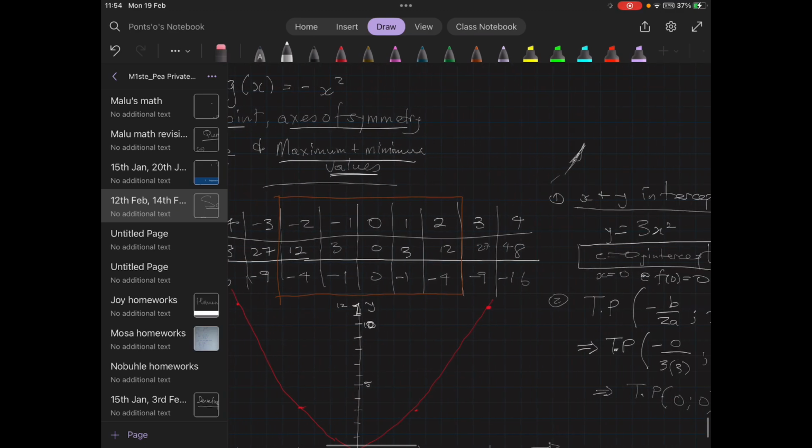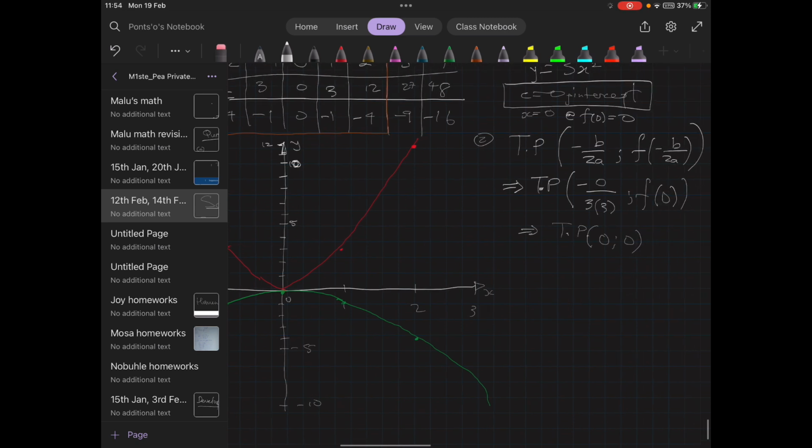Alright, so that answers the second part. How do we find our axis of symmetry? We use the same formula as for the turning point, negative b over 2a. So our axis of symmetry is the x value that corresponds to minus b over 2a.